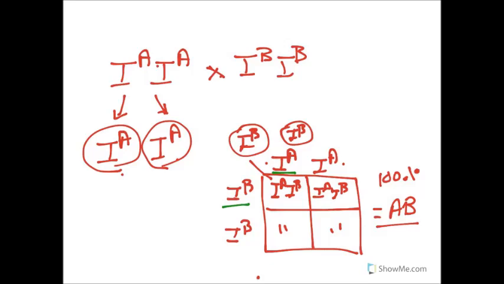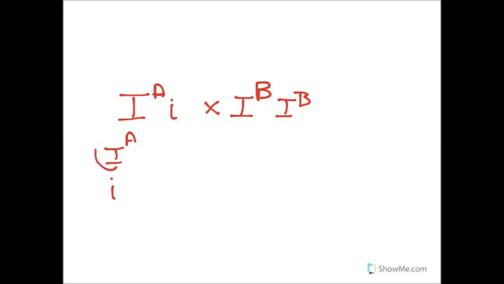Now, if we happen to have one of those options where we have IA cross with IB, then we would have two different alleles and two different gametes, and we would have all the same here.